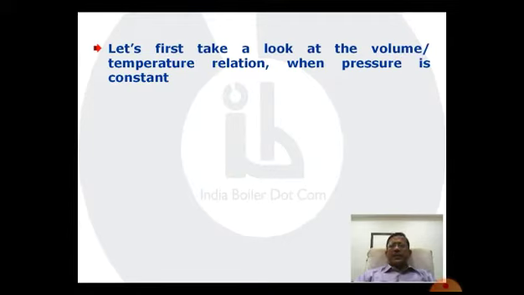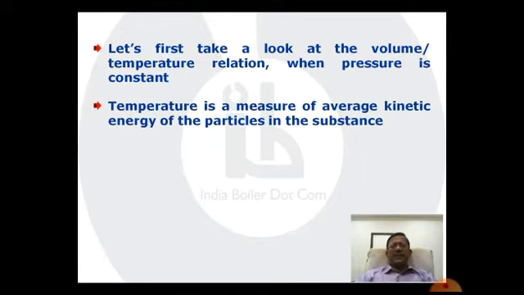Now let's first take a look at the relationship between volume and temperature. That is, what is the relation between temperature and volume when pressure is constant. When I say temperature, temperature is basically the representation of the kinetic energy inside a matter.